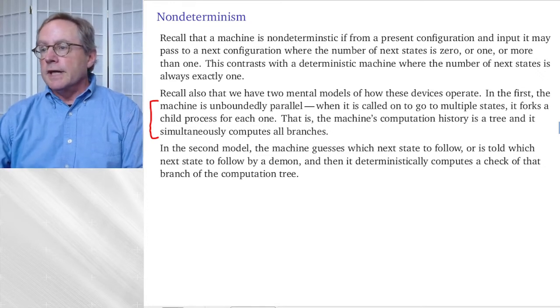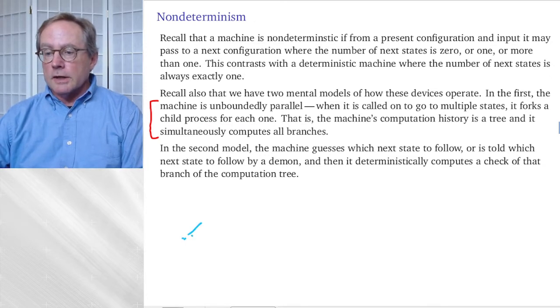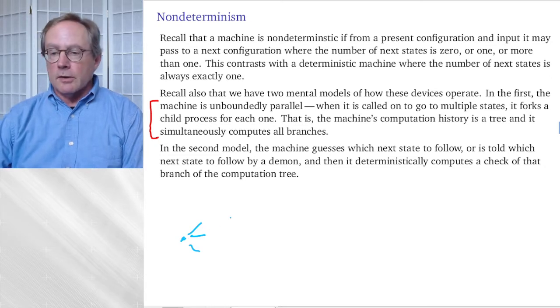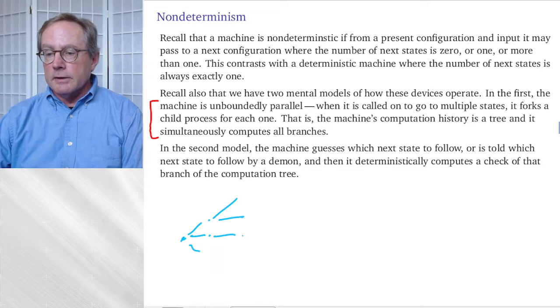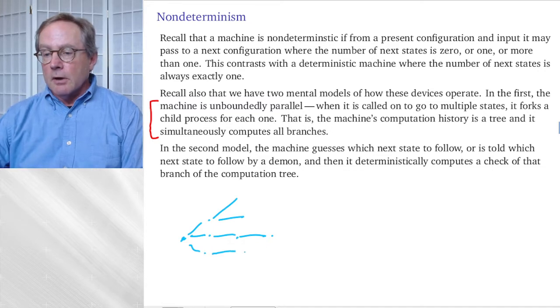For example here, suppose that you have a machine that starts off and then is called on to split into three separate states, and then up here it might split into 2, and down here it might go to a terminating branch, and then down here it might have a branch that never terminates, and both of these branches maybe terminate.